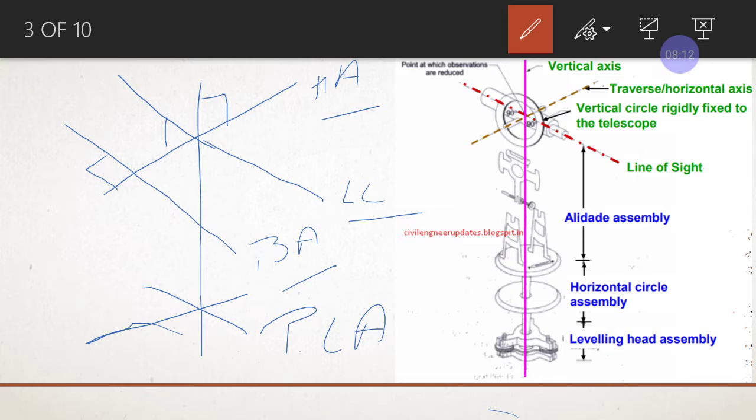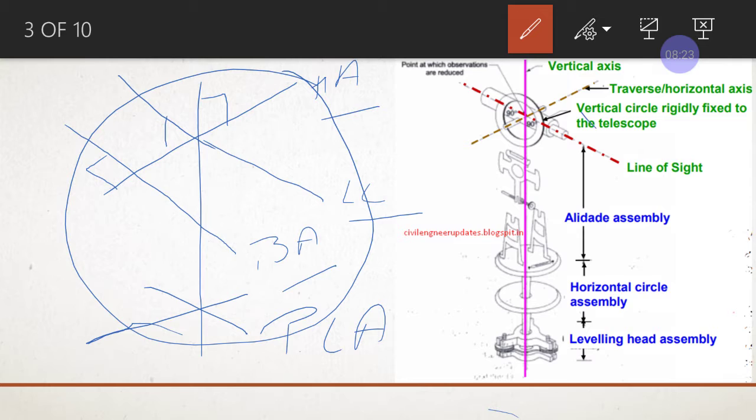You have to keep this in mind, and you have to draw the diagram the same way I have drawn here. This is a rough diagram, but in the notes you will get a correct diagram to understand visually. You have to name the lines, show the angles between them, and write which line is perpendicular or parallel to which line.